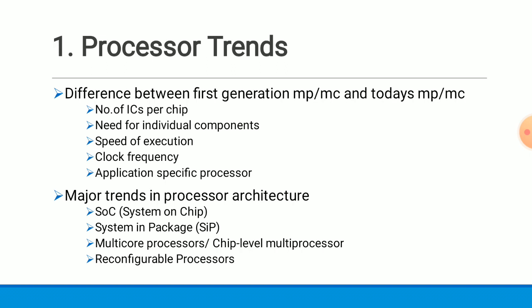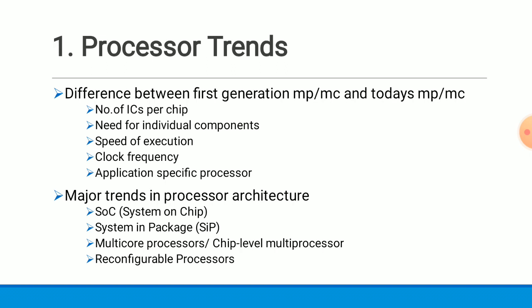Then third one is multi-core processors or chip level multiprocessor. Multiple cores on the same processor chip is called a multi-core processor. Nowadays dual core, tri-core, quad-core processors, etc. are available. Each core implements pipelining and multi-threading, so the performance can be improved a lot.